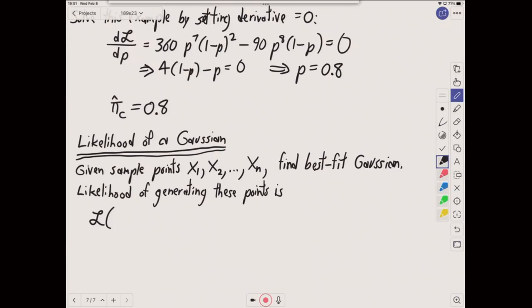Here's a likelihood function. It's going to have two parameters, the mean and the variance of my distribution. And I'm going to use this notation where I have a semicolon and then I follow it up with all of the input points. That likelihood function is equal to the product of f of x1, f of x2, and so on.